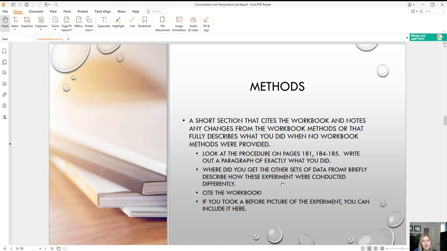So we use the same type of enzyme, but what was different between your experiment and the temperature experiment? In the temperature experiment, instead of changing the amount of the substrate, we kept the substrate the same, right?